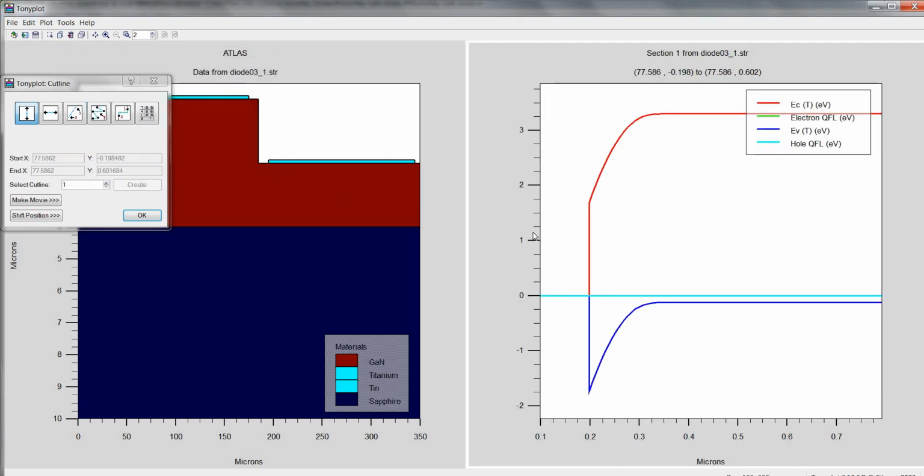Since this is metal deposited on p-type semiconductor, we are more interested in looking at the behavior of holes. So as you can see, there is this built-in potential for holes to move from the p-type semiconductor to the metal. Similarly, we have this Schottky barrier for carriers to flow from the semiconductor to the metal.